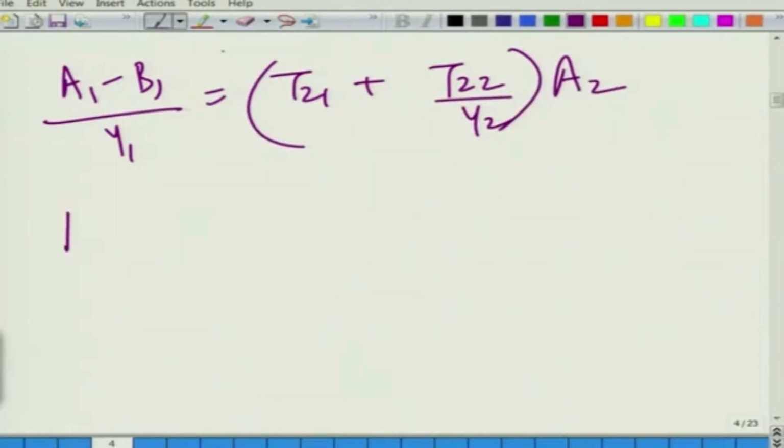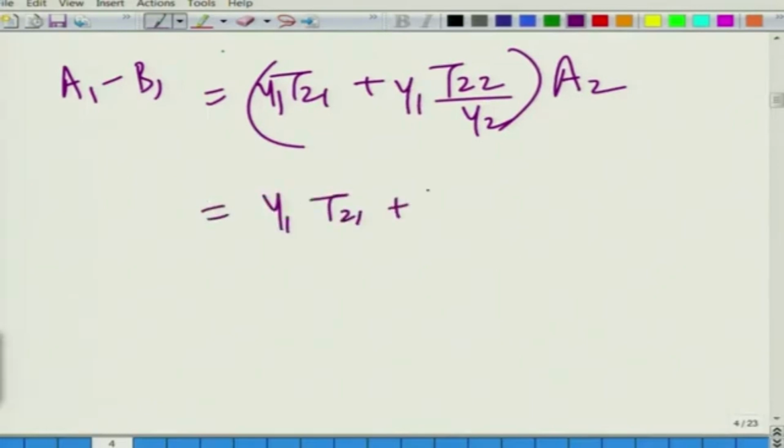What we could do is simplify this further, and to that end we multiply both sides by Y1. Remember there was a Y1 here. We multiply both sides by Y1 to get the following, which can be written in a cleaner manner by the following expression.